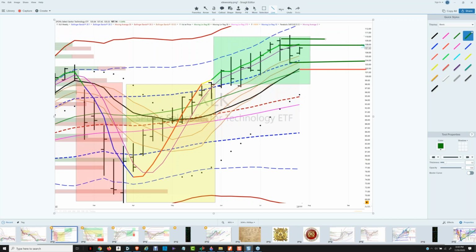Then 110 is in range. If I was just playing that for now, if I saw some strength tomorrow, I could even argue for a tight tactical trade using just the weekly low from yesterday as the support level.